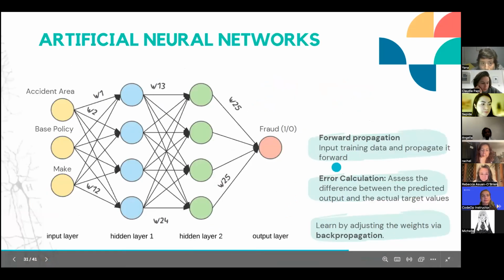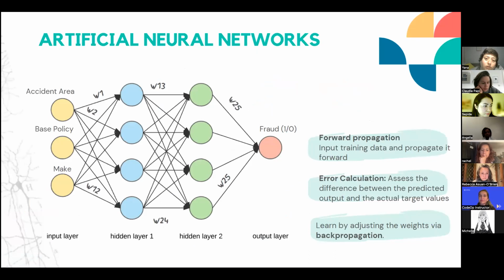Finally, we tried also artificial neural network. So as a reminder, the model consists of several types of layers. The input layer where all the features go in. So in our case, it would be features like accident area, policy, the make of the car, then hidden layers, and finally the output layer where the verdict is reached on the outcome.